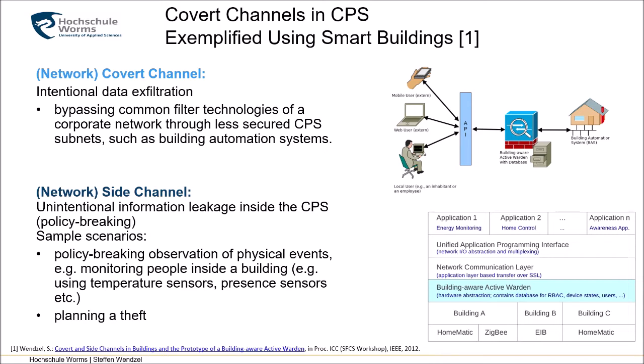So if you can use the network protocols in such a CPS, then you can rather easily bypass more advanced filter technology such as deep packet inspection or some anti-covert channel methods that are applied to the TCP/IP network.